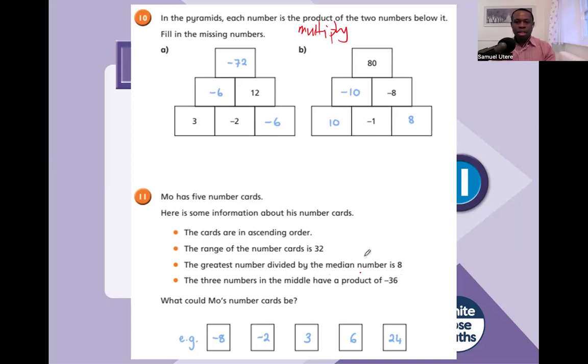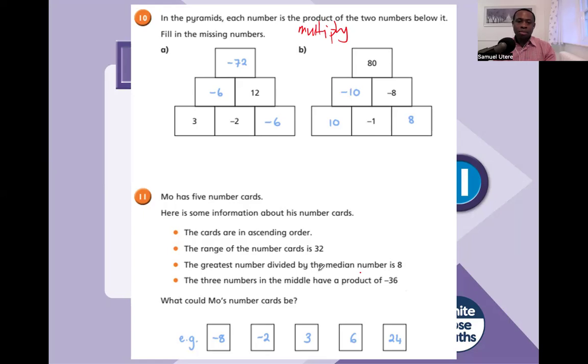So the way you answer this question is you start to put the information together. The range of the number card is 32. Okay, that's well and good. Next, the greatest number divided by the median number is 8. So you're thinking, what number could I have such that if I divide the greatest number by the median, I'll get 8.